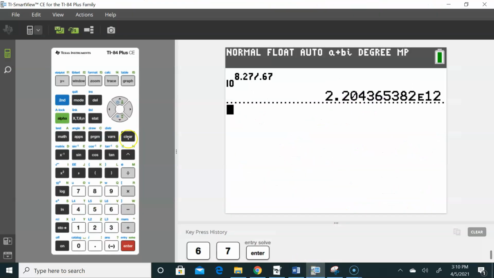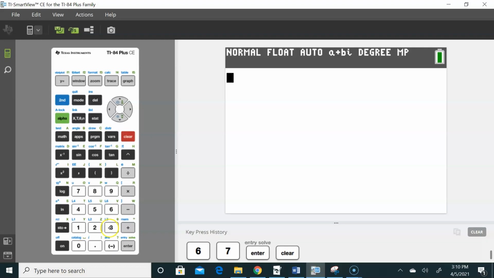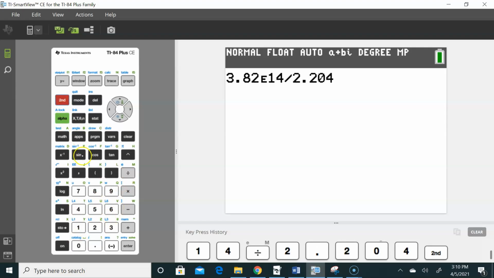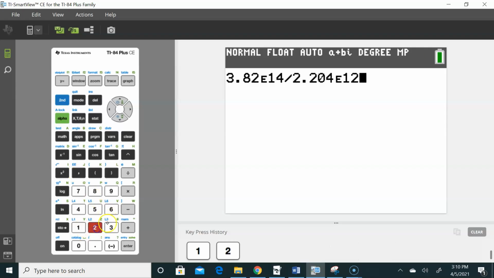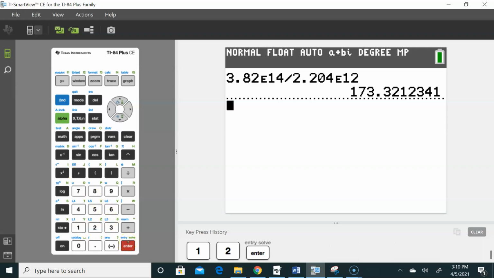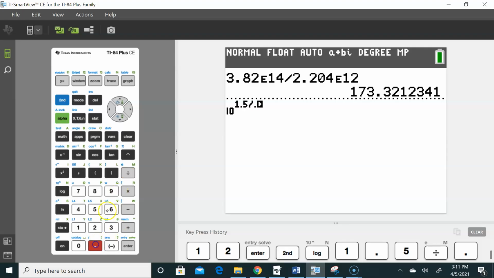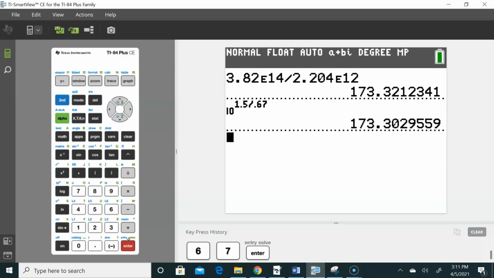Clear this out. 3.82 to the 14th divided by 2.204 to the 12th. I get that number, or I could have done 10 raised to the 1.5 divided by 0.67. And look, I really got basically the same number.